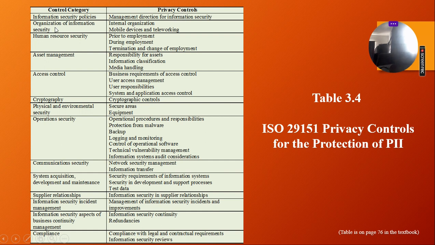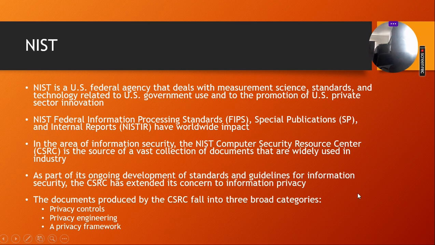It explains each of them: organization of information, human resources, and so on and so forth, cryptography, access control, asset management, communications security, compliance, the rules, the regulations, the supplier relationship, information security incident, and so on and so forth. So this table is one of the frameworks that has been developed by this regulatory body on the standards to follow for information security.